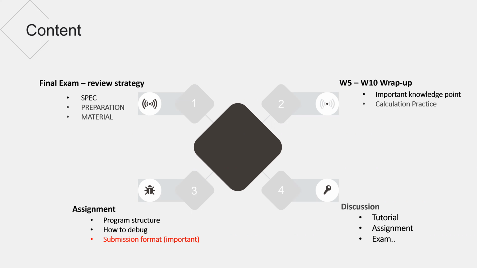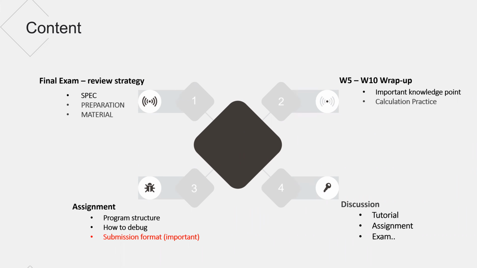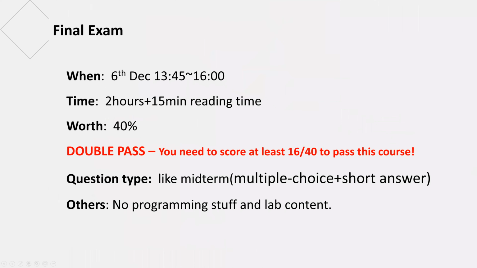Let's have a look at the final exam information at first. The final exam will be like a double pass, which means you need to have at least 16 points, no matter what other score you have besides the final exam.